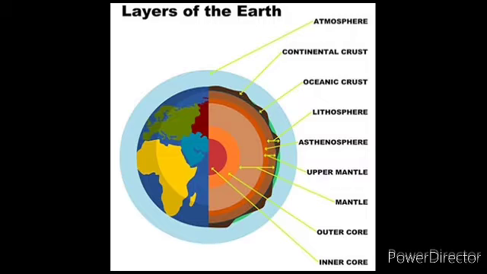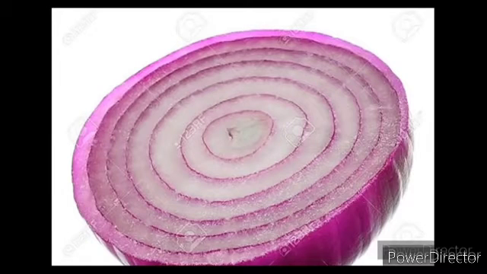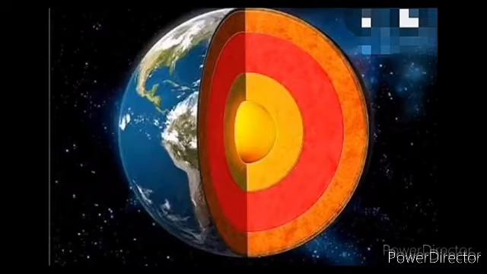In the previous class we also tried to understand these layers through a comparative study. If you have ever peeled an onion, you will see there are concentric rings. Similar to the structure of an onion, you have the interior structure of the earth.